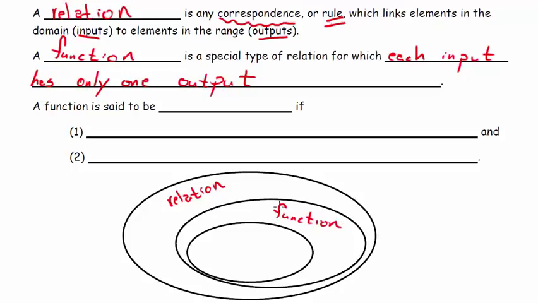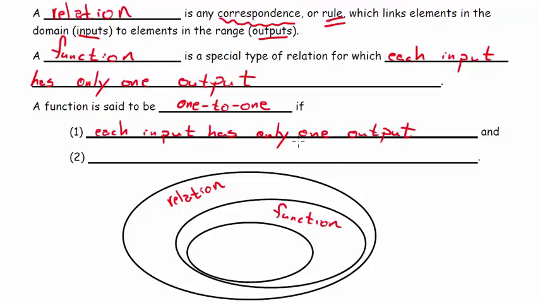Alright, now if we go a little bit further, a function is one-to-one if, well, we have two criteria here. The first is it's got to be a function, right? So each input has only one output.